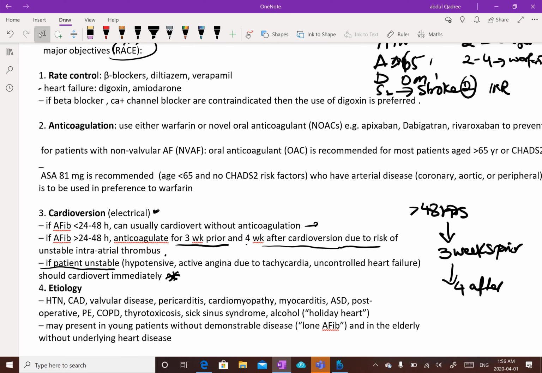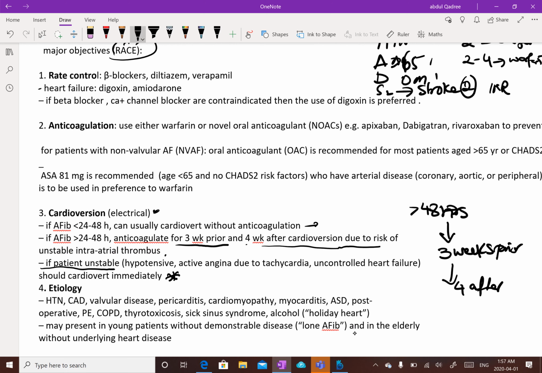Okay, so some of the etiologies, as we said: hypertension can cause atrial fibrillation; coronary artery disease, because the decreased blood supply to the heart can sometimes lead to cell death, the myocardial infarction; and valvular diseases, because of the stretching of the heart, which leads to abnormal atrial foci.